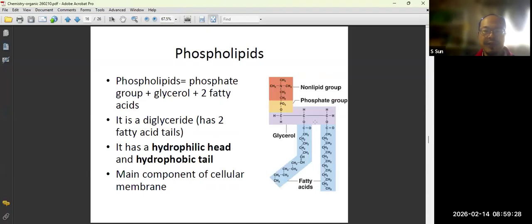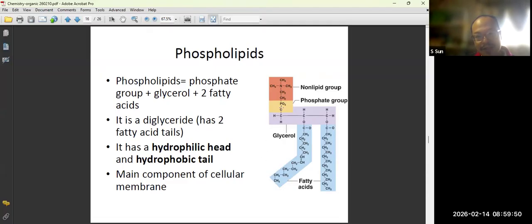Fatty acids bind with glycerol. This glycerol has 3 carbons here, and each one allows a fatty acid to bind to it. So basically it's like docking. You can dock one fatty acid, dock another, and here you can dock one. If you dock three, it's called a triglyceride.